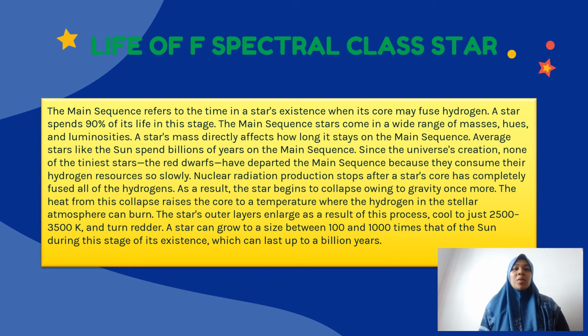The star's outer layers enlarge as a result of this process, cooled to just 2500 to 3500 Kelvin and turn redder. A star can grow to a size between 100 and 1000 times that of the Sun during this stage of its existence, which can last up to a billion years.